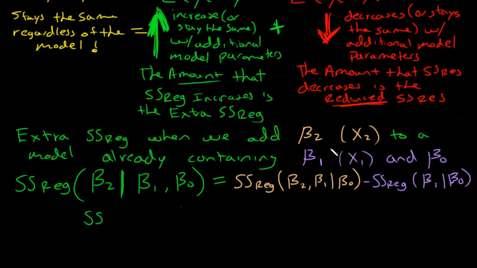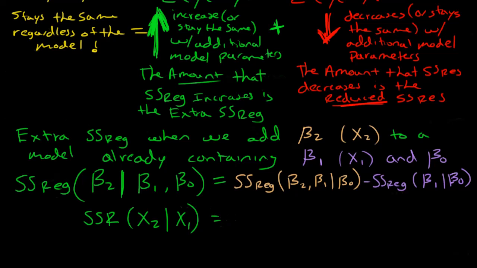If you have x, this would be written as SSR, or SS regression, for x2 given x1. You see how beta is now x, and they don't have the intercept. That's another reason I don't like this notation, because it's not clear whether or not the model has an intercept. Not all models have intercepts. Nevertheless, you'll see it like this.